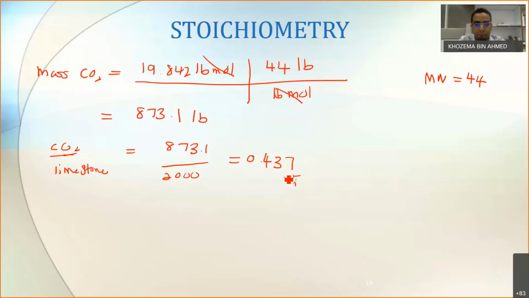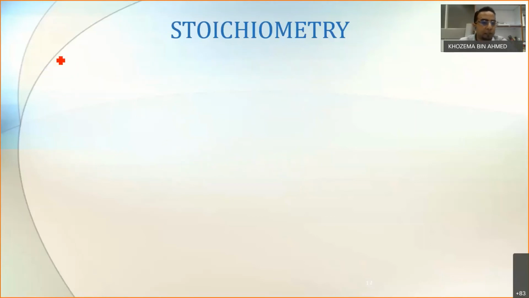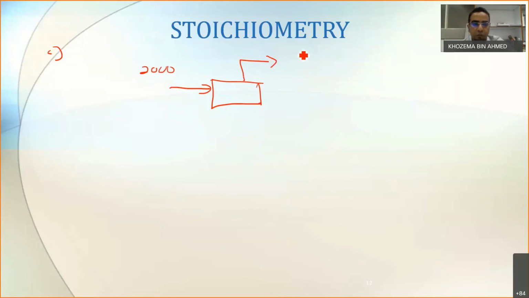Now for C. C is asking us to find how much limestone is needed to produce 1 ton of lime. If we draw back our flow chart just now, coming in is 2000, and then we have our CO2 just now, which was 873.1, and the rest is going to be lime.